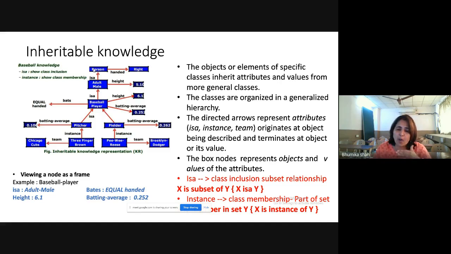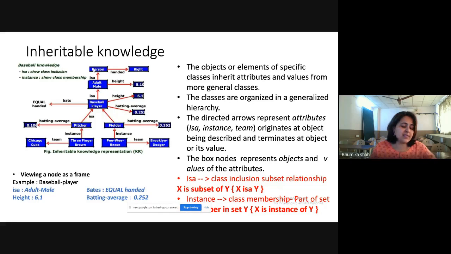Consider instance like an object to the class, a value to the member, a value to the set, and hence it is called class membership. And what is ISA? It is like a subset relationship, a parent child, class subclass relationship, and hence it is called class inclusion.